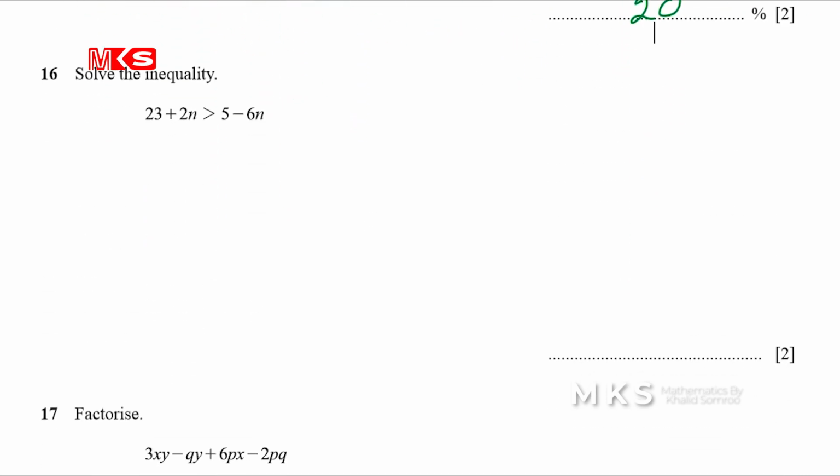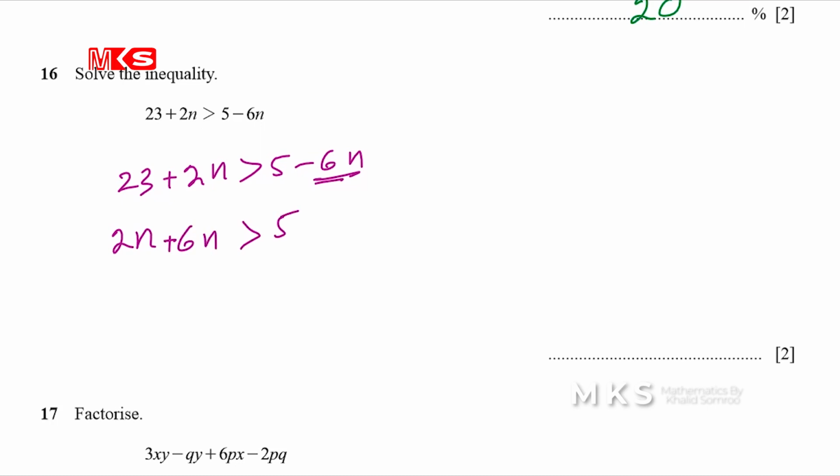Question number 16. Solve the inequality. 23 plus 2n is greater than 5 minus 6n. So we will shift the n term from right to left, it will become plus 6n. We will shift this 23 from left to right, 5 minus 23.